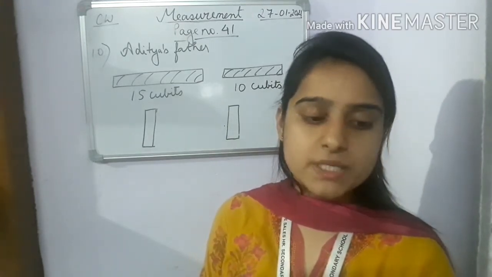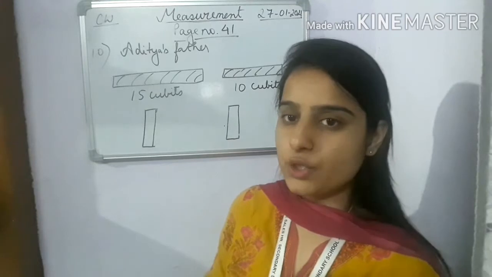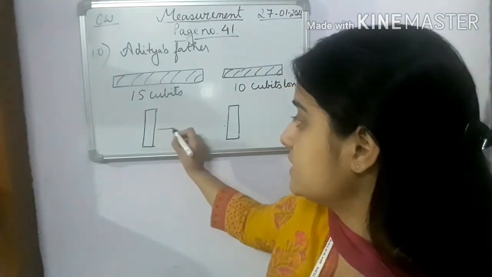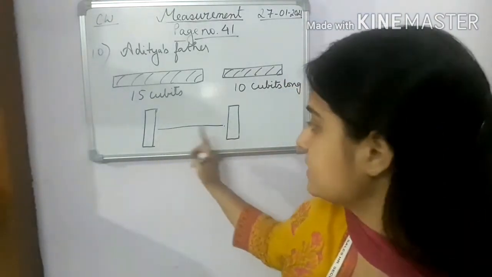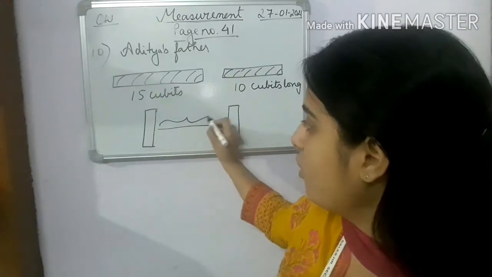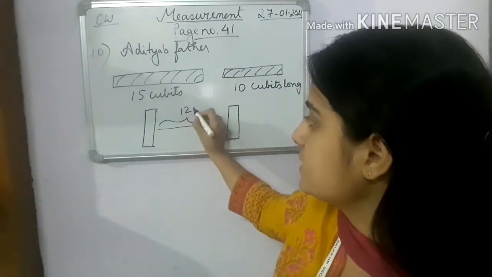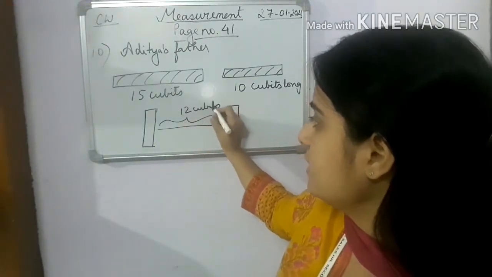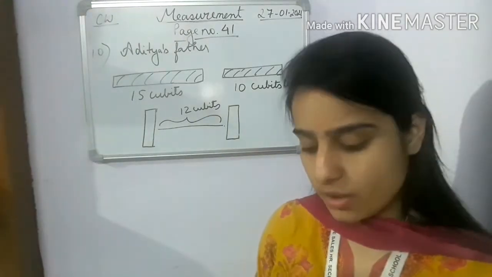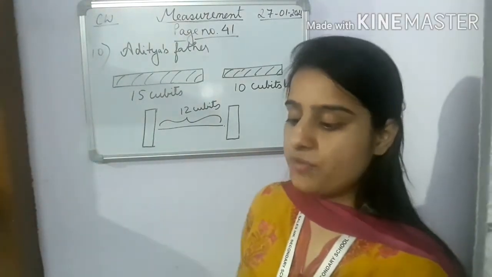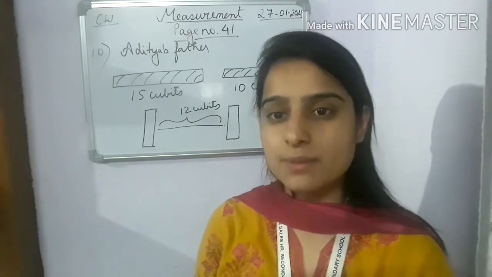The distance between the poles is 12 cubits. Okay? Which rope will he use? Now the question comes here.